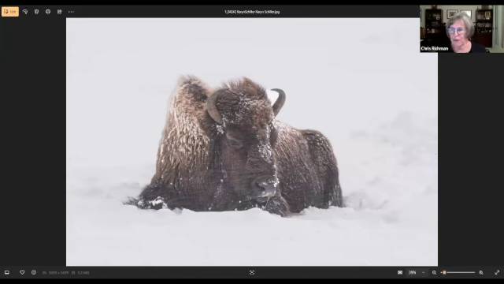For the individual animal images, I know when we go out, we don't have time to go meet the animal and say, could you lift your head a little here and a little there? So I understand that these are all taken in the moment.